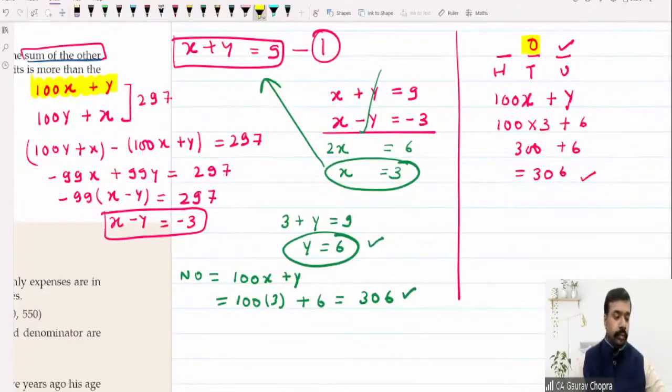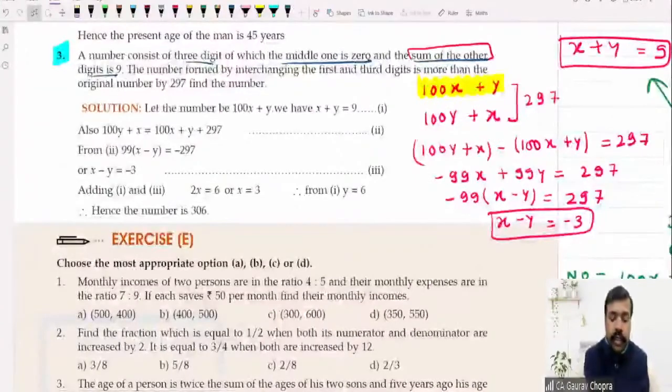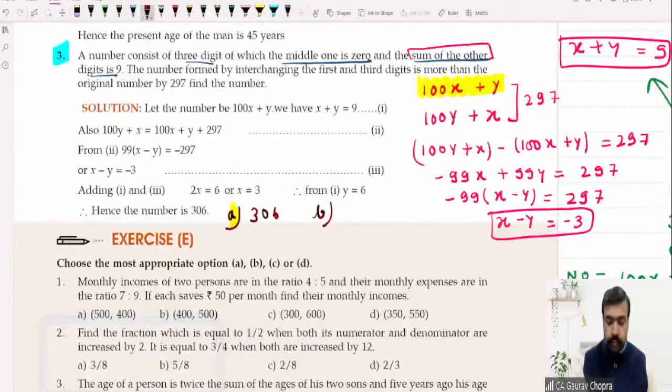All right. Now of course, we have a different method as well, the short method, in which we can try the options. Let's say the options in this question are: the first option says 306, second option says 405, third option says 702, and D option says none.